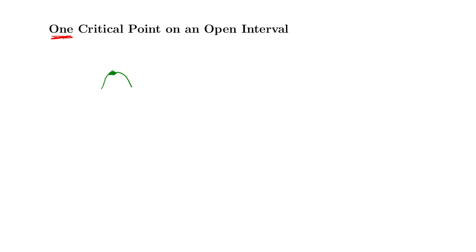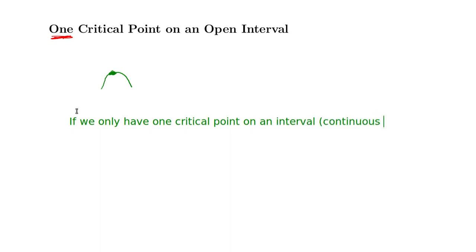So let me just write it out this way. Maybe I'll type it because my handwriting on this isn't great. If we only have one critical point on an interval, and I'll say the function is continuous, then if it's a local max, what that means is that it's an absolute max.